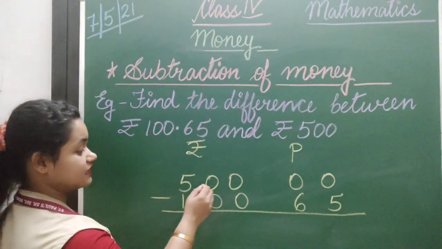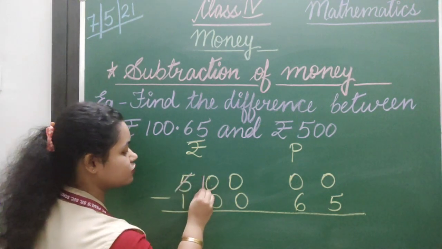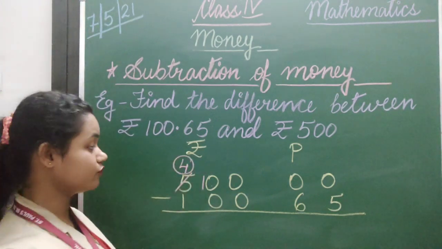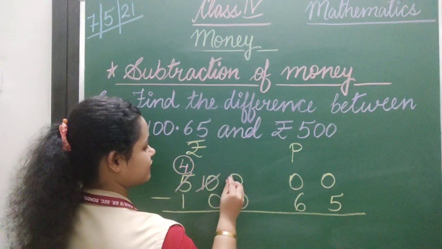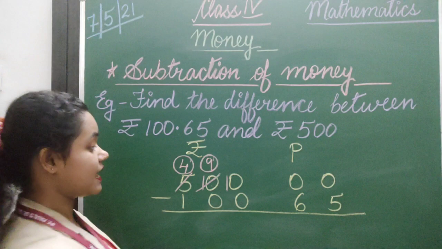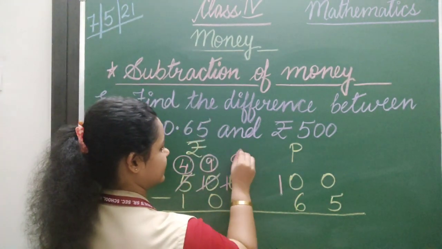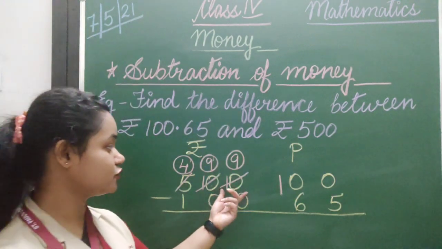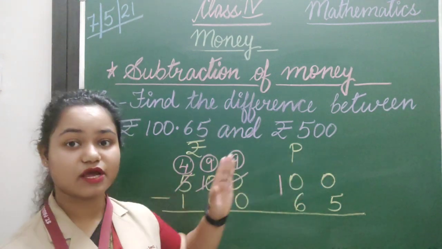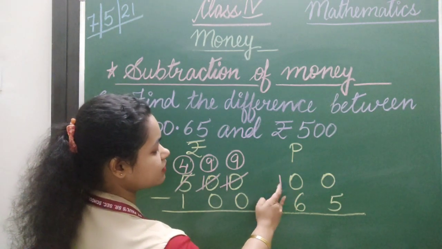Here this will ask 1 from his neighbor. So here if 5 gives 1 to this, what will be left? 4. Yes or no? Now, this 10 will give 1 here and become 9. Yes or no? Again, this 10 will give 1 here and will become 9. As I told you, when you are giving 1 from the rupees section to the paisa section, you are going to write the 1 just before the number.